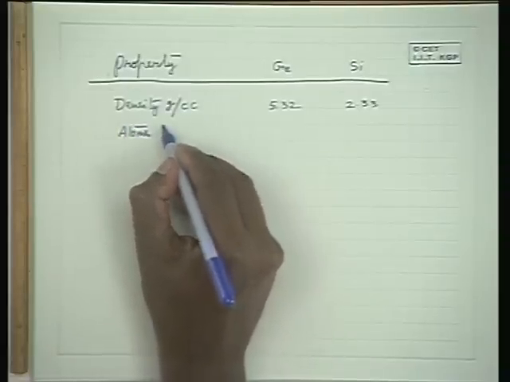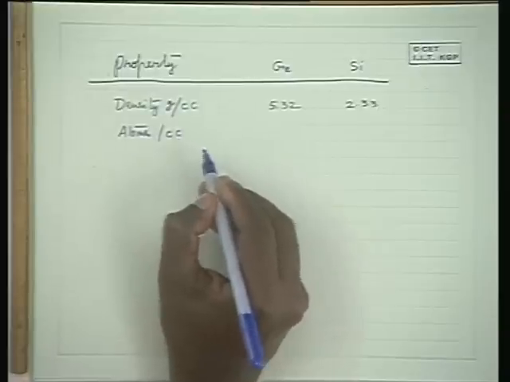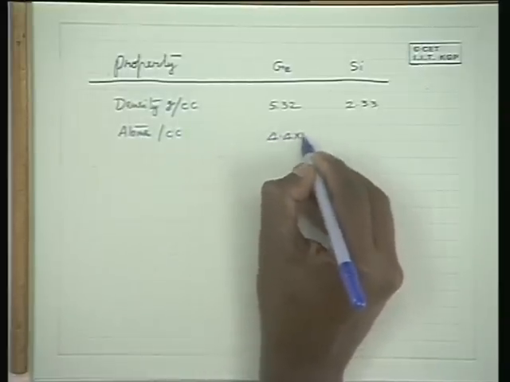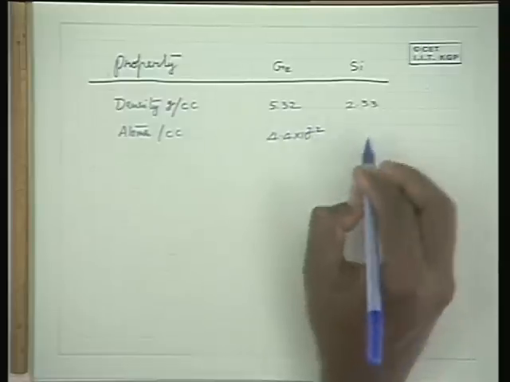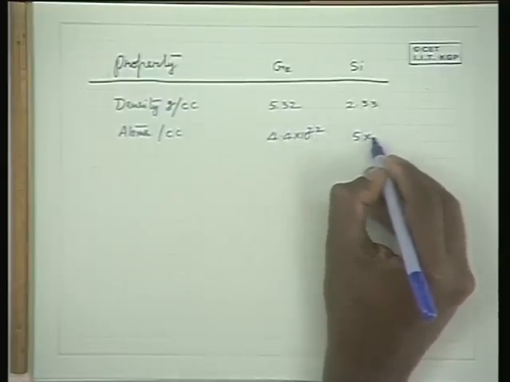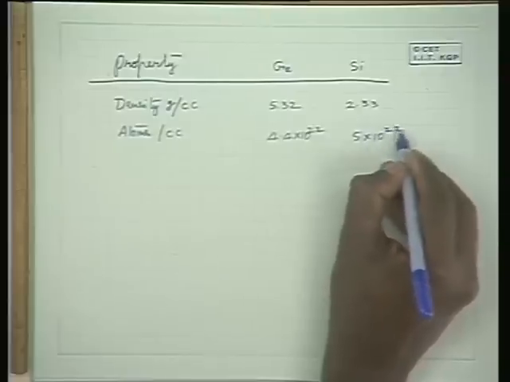The atoms per cc is equal to 4.4 into 10 to the power of 22 in the case of germanium. It is a little more, 5 into 10 to the power of 22, in the case of silicon.